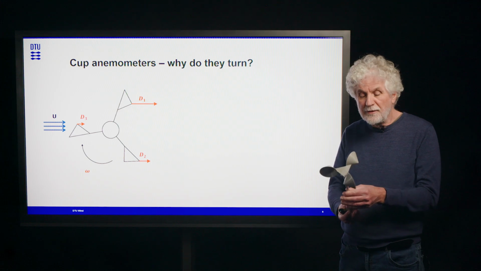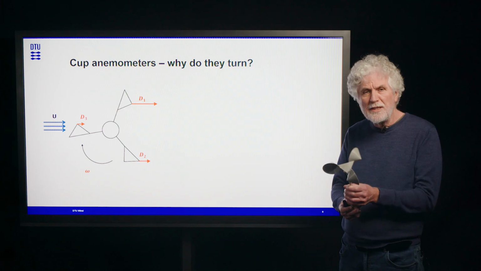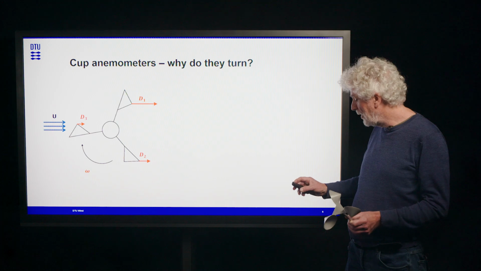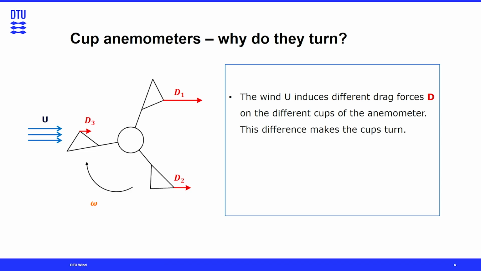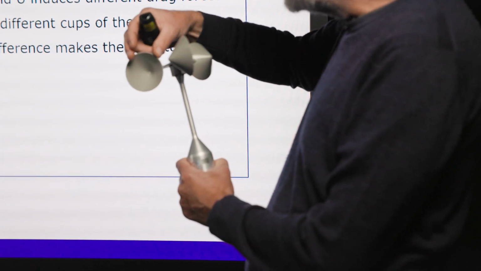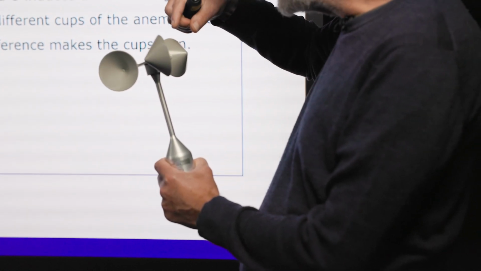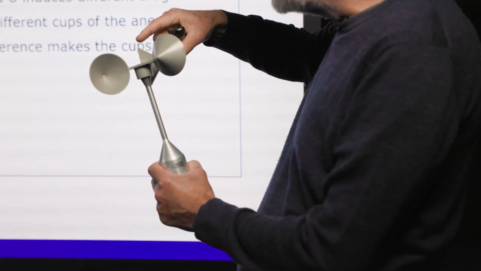But how is it that the rotor actually turns? Why is that? Well, let's have a look at the drawing here. We have the wind coming from the right. The wind will actually generate different drag forces on the different cups in the different positions as the anemometer rotates.